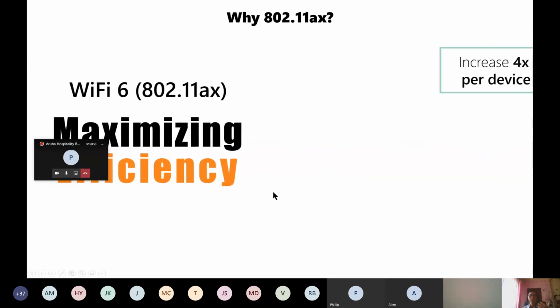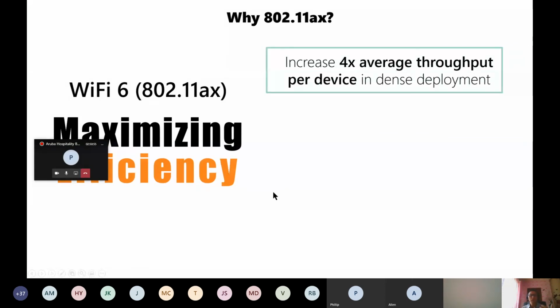The whole idea behind high efficiency is that the protocol itself has a lot of overheads and a lot of inefficiencies that we try to minimize. The goal with maximizing efficiency here is to increase the average throughput per device in a dense deployment.